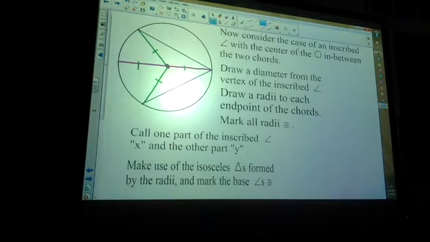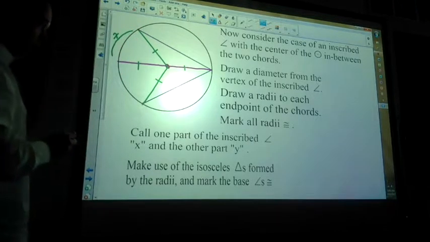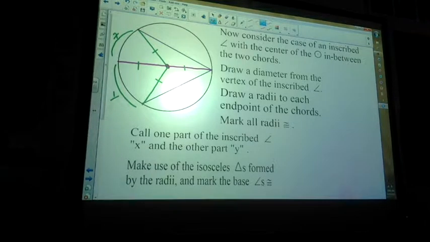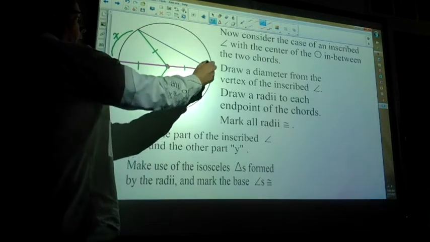Call one part of the inscribed angle x. So I'll call this part up here x, and then we'll call the other part y. Then make use of the isosceles triangles formed. So I have an isosceles triangle here and one here. Agreed?